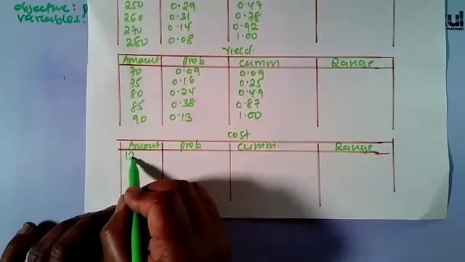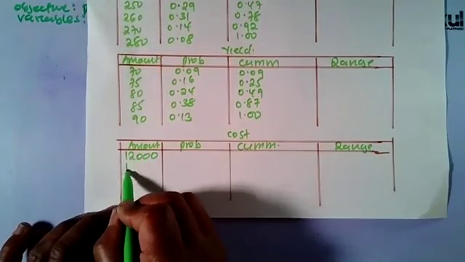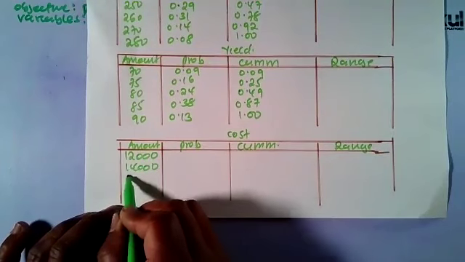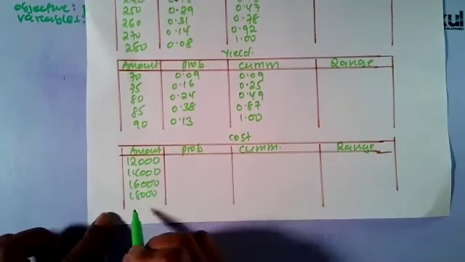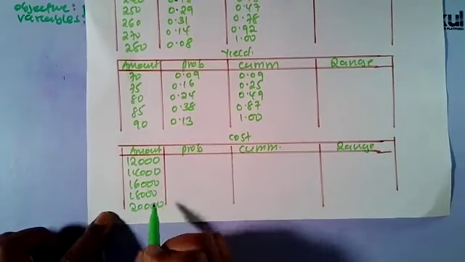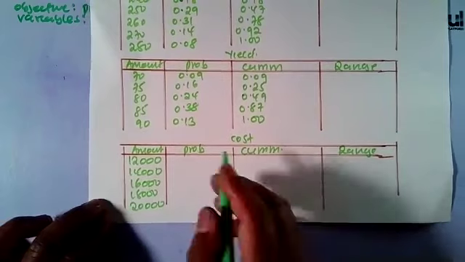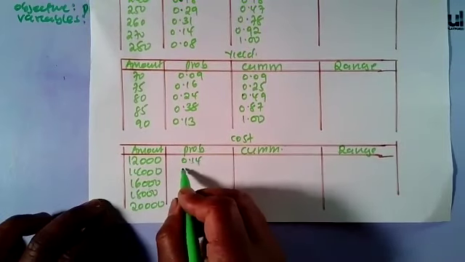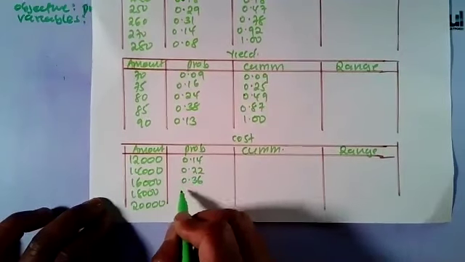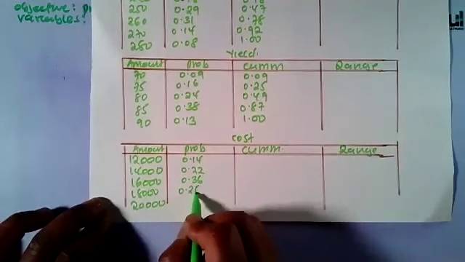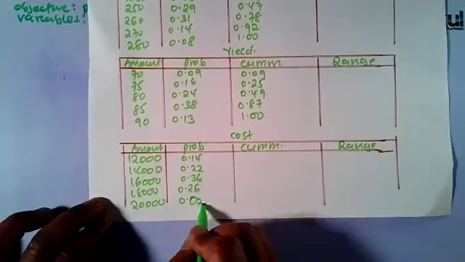And lastly, we have the cost. For the cost, you have 12,000, 14,000, 16,000, 18,000, and 20,000. Then probability, you are given 0.14, 0.22, 0.36, 0.26, 0.02.